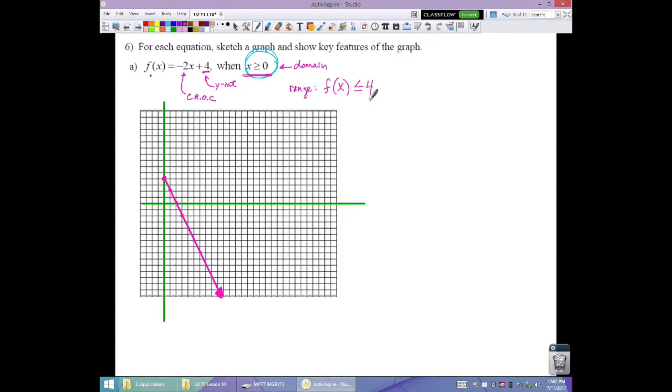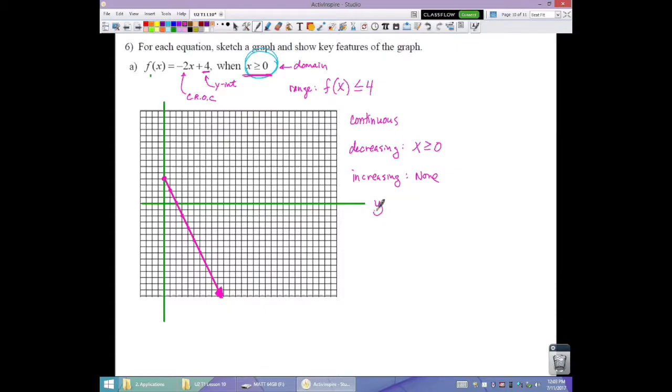It is a continuous function. It is always decreasing everywhere on its domain, so it decreases when x is greater than or equal to 0. It never increases. So increasing interval, none.